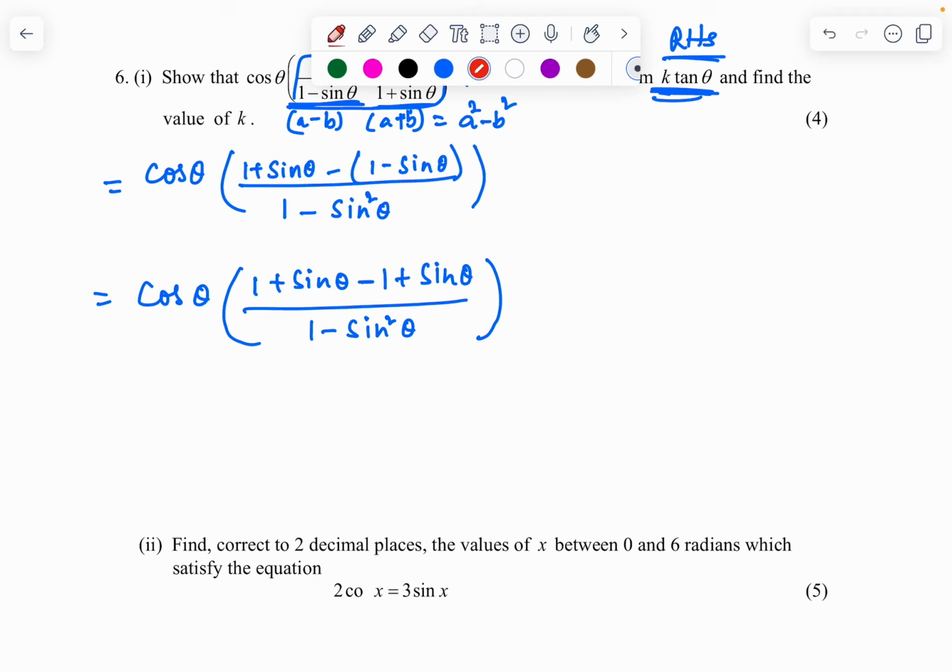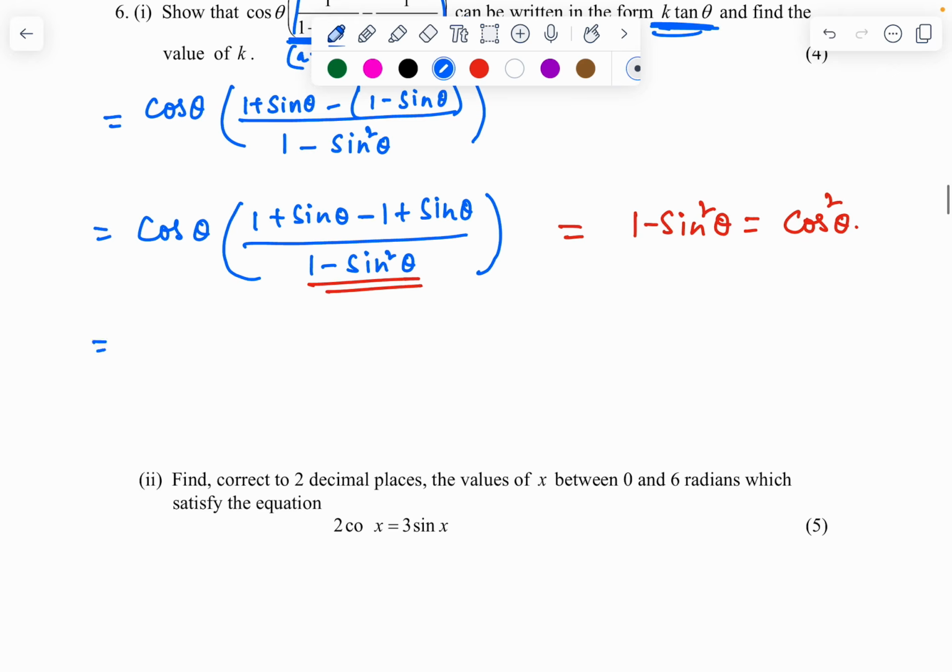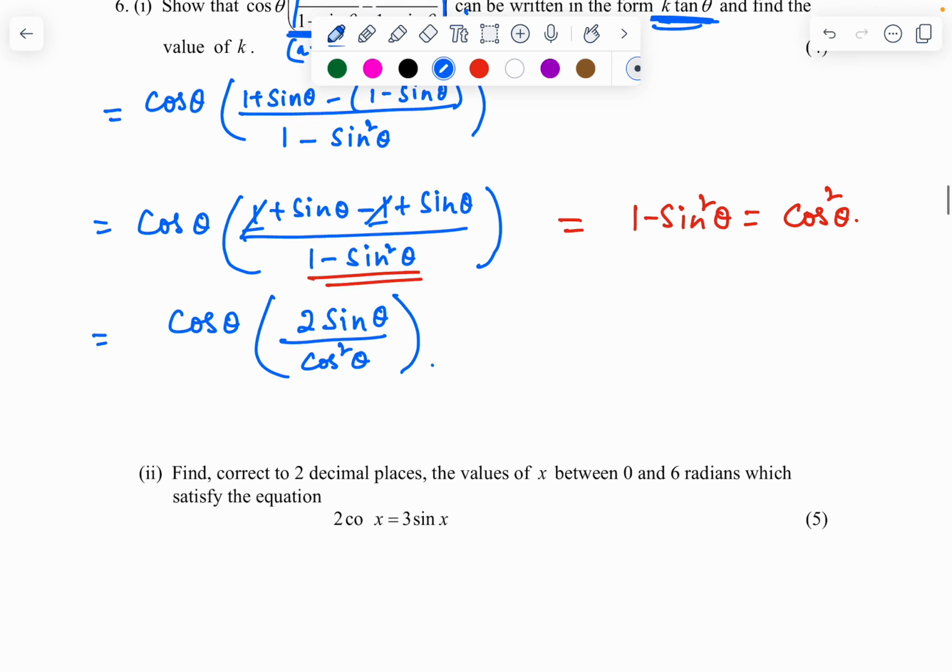So at this point I will change 1 minus sin squared theta to cos squared theta. Okay, so now let's see the magic. Cos theta times, so 1 and 1 and a negative 1 get cancelled. So 2 sin theta is left over cos squared theta. Is it okay until here?